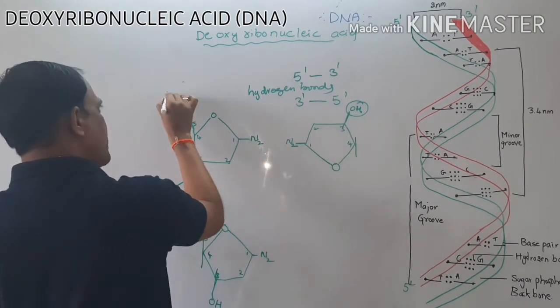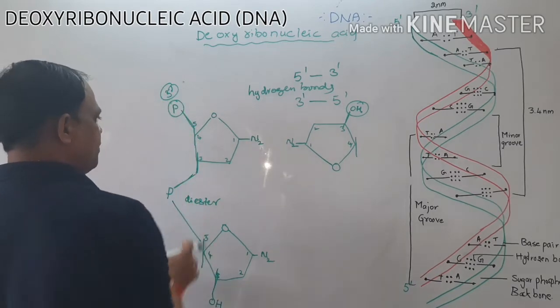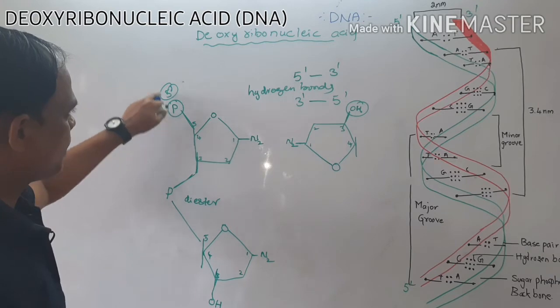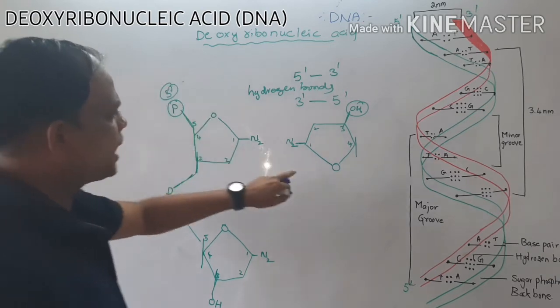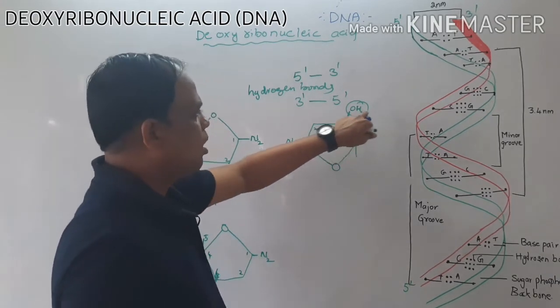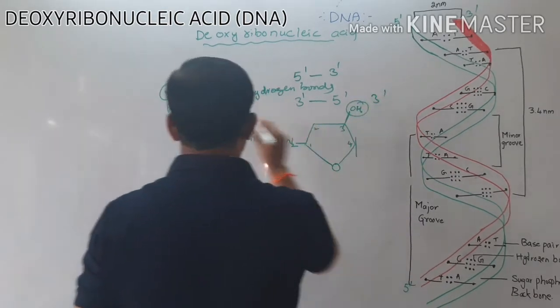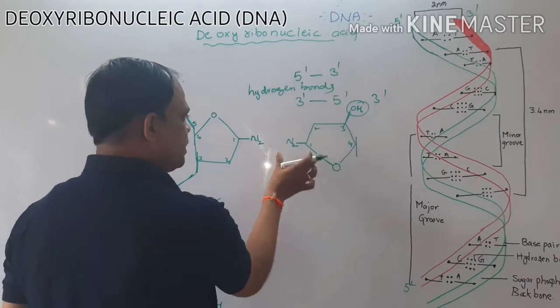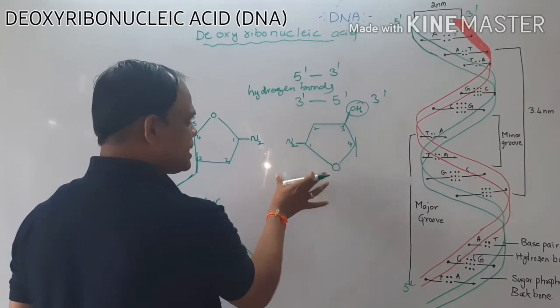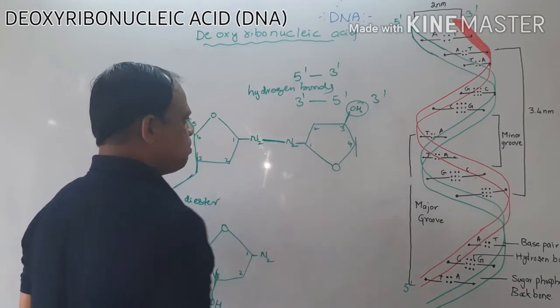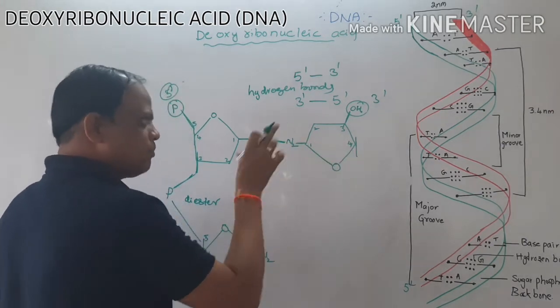So here this is the 5 prime. The 5 prime means the fifth carbon of the pentose sugar has a free phosphate group, and here the third carbon has a free hydroxyl group. This is called the 3 prime, and here this is the 5 prime. Between these two nucleotide sequences they are attached by hydrogen bonds.